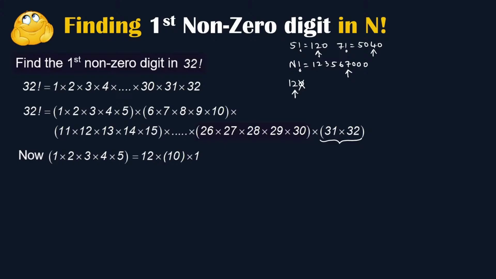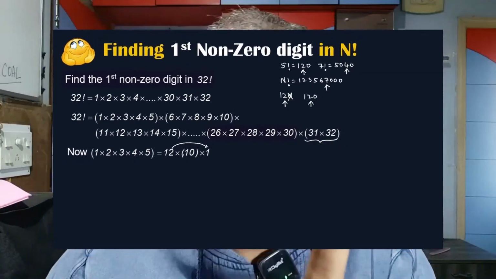So the first non-zero digit will come from this bracket when 2 is multiplied with 1. Because the first non-zero digit, as we can see, in 120 is 2. And this 2 is coming from where? When this 2 is multiplied with 1. Isn't it so?